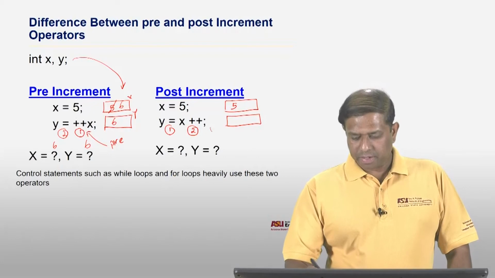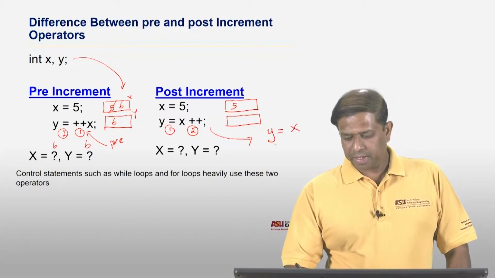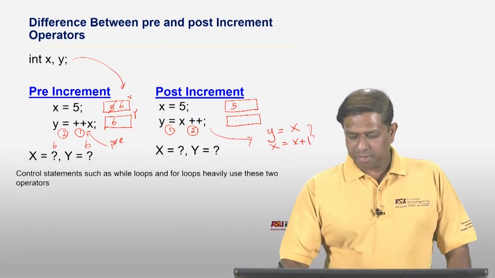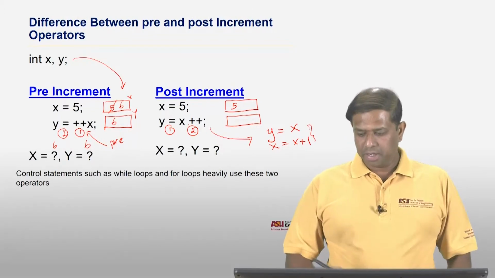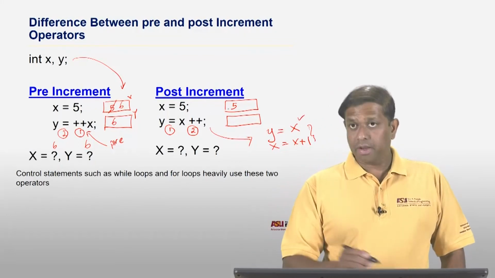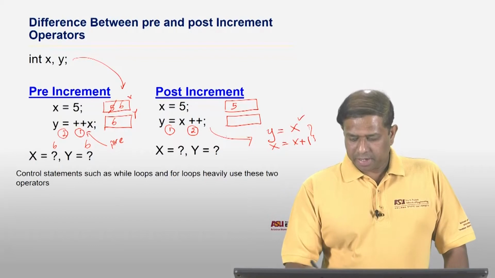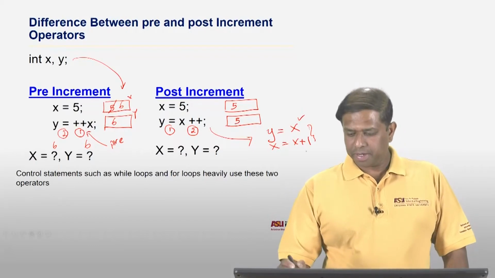Another way to put this statement is: y equals x and then x equals x plus 1. These two statements will have the exact same effect as this single statement. So this will be done first. The current value of x is 5, so y will be 5. After doing that, we increment x by 1.